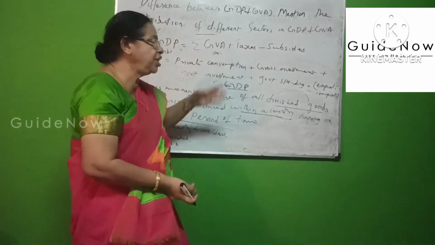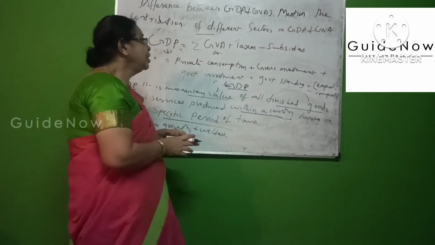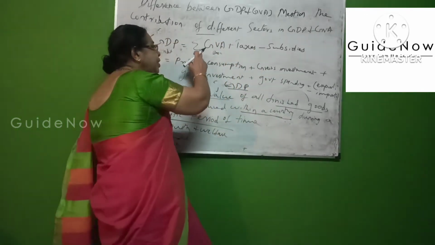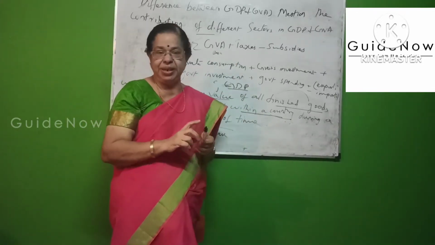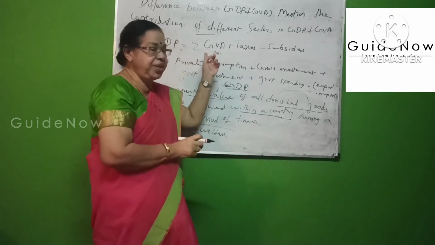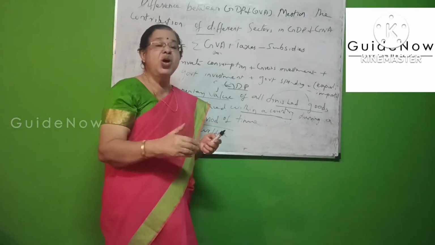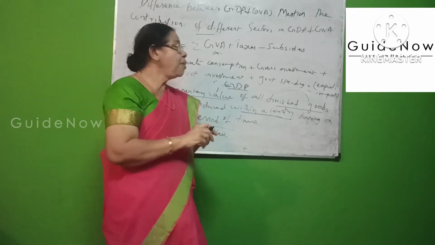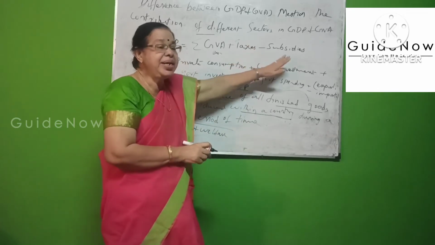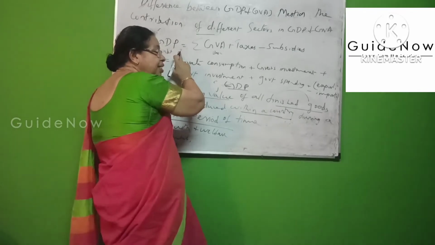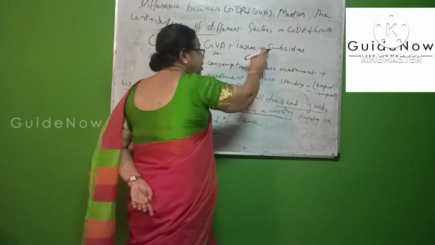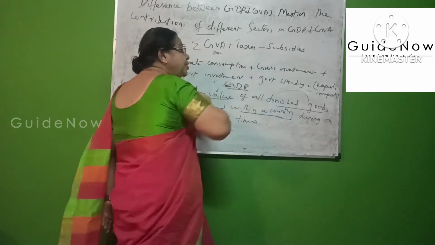Then here there are some equations. GDP is equal to sigma GVA plus taxes minus subsidy. Already explained: GVA, sigma, that is the summation of gross value added, plus taxes minus subsidy. GVA is equal to GDP plus subsidies minus taxes.